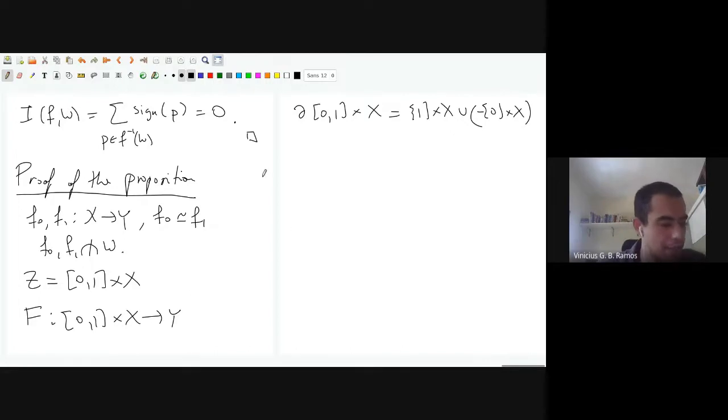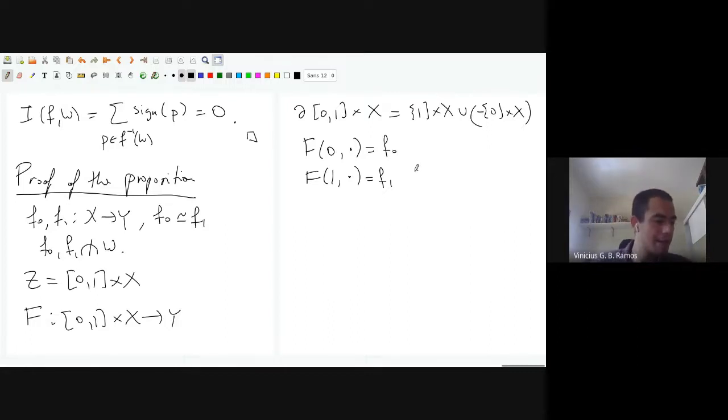So we have that F of 0 dot equals F0, and F of 1 dot equals F1.